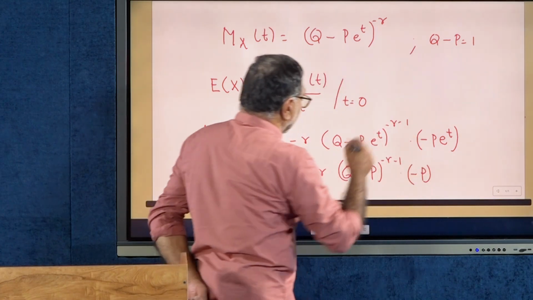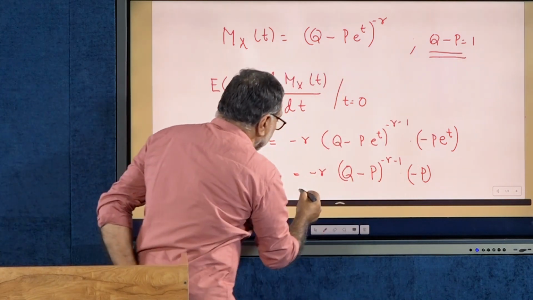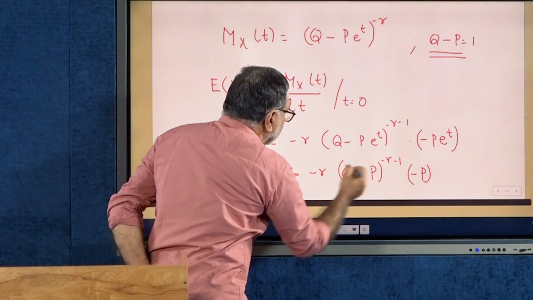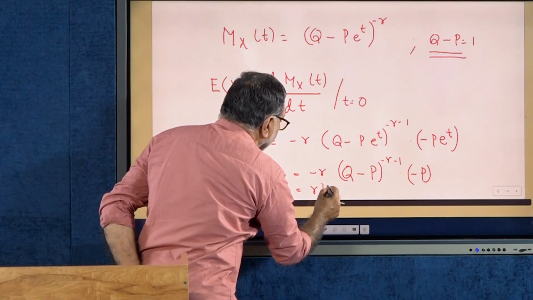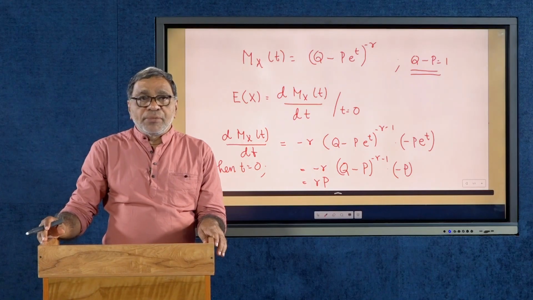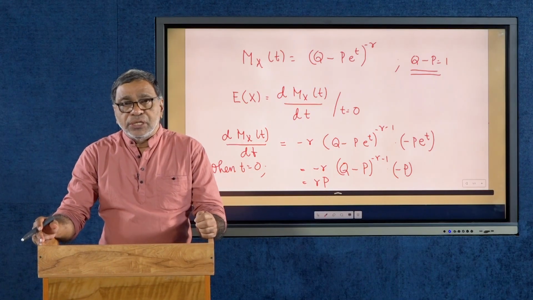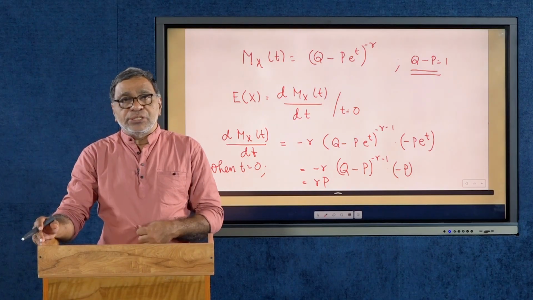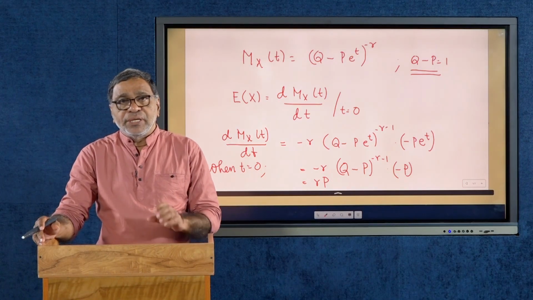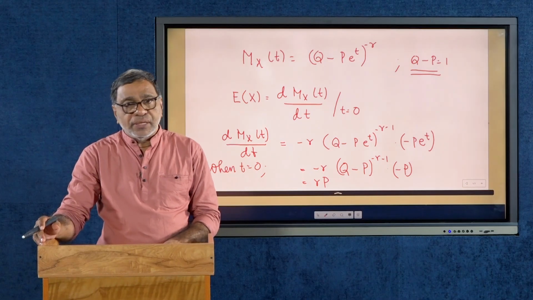And q minus p is equal to 1. So this is r into P, capital P. So differentiating the moment generative function with respect to t and substituting t is equal to 0, we have the expectation of x is equal to rP.